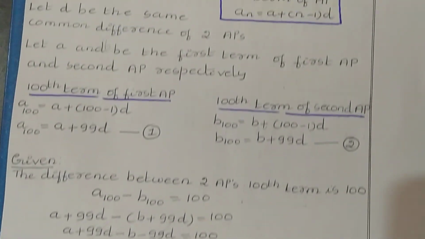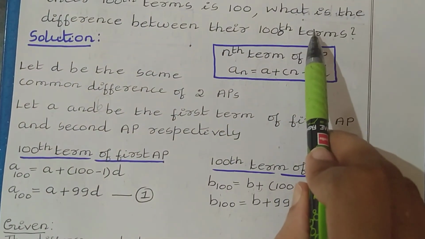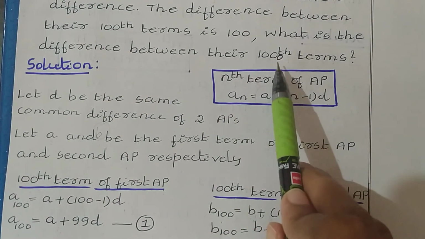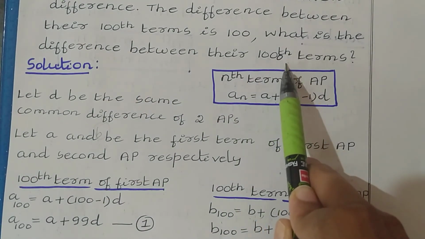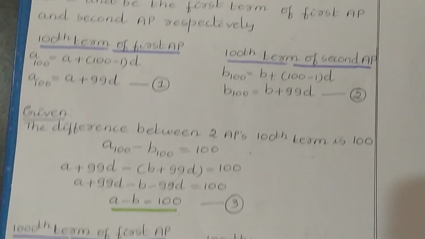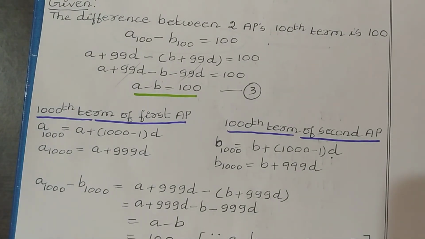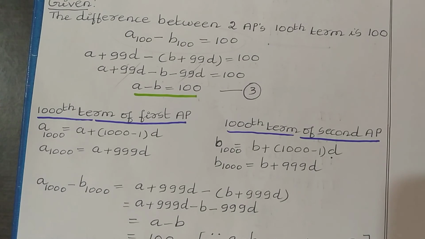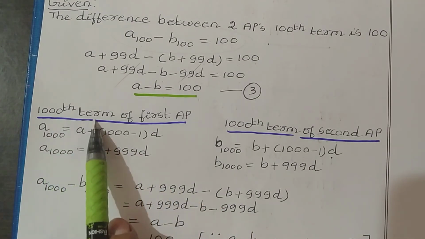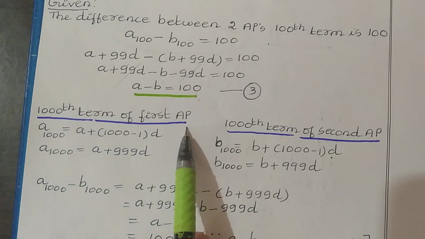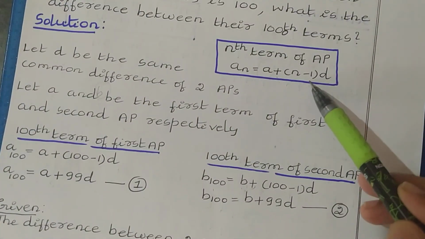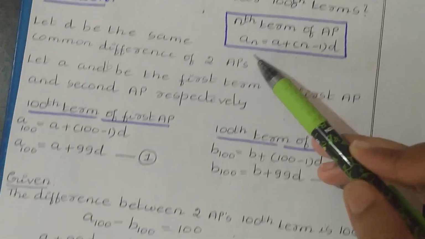Next, they have asked us to find the difference between their 1000th terms. That means first we need to find the 1000th term of both arithmetic progressions. Let us find the 1000th term of the first arithmetic progression by applying this formula where n is equal to 1000.